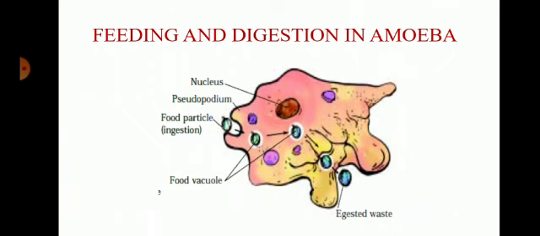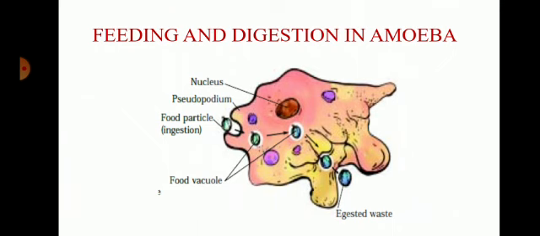So the organism is called a single cell organism. The best example is amoeba.